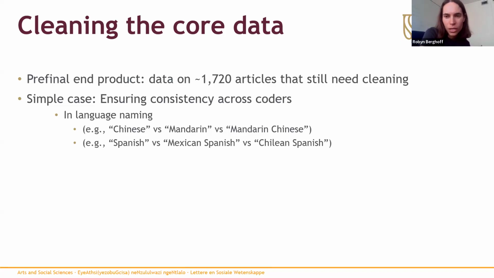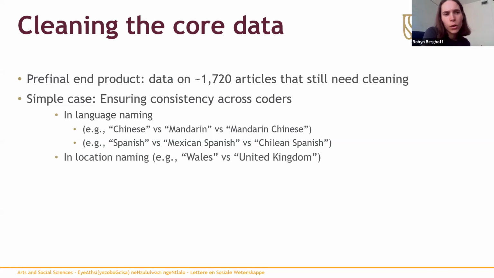It was only of interest in cases where people were looking at bidialectal speakers. So let's say people who speak both Peninsular Spanish and Mexican Spanish or something like that. Happened in very few cases. In those cases, we would keep the actual dialect label. In other cases, we wanted to use that macro language label. So we wanted all of those examples there in the second row here to say Spanish.